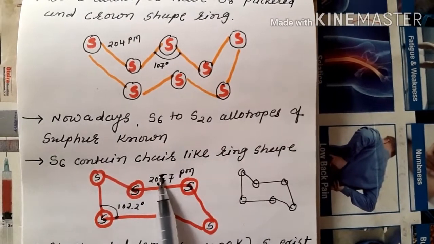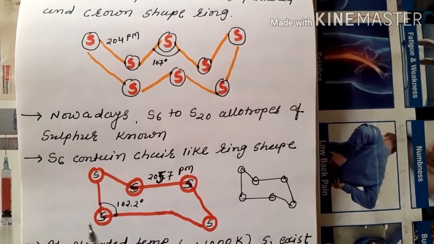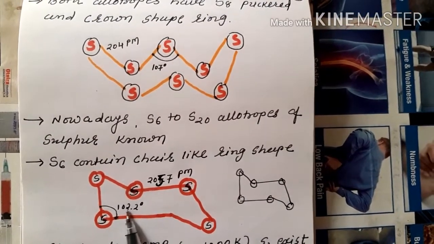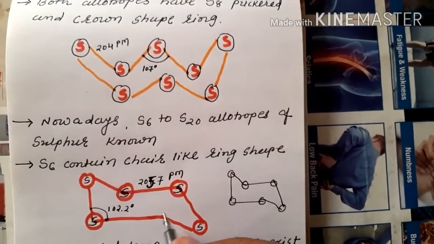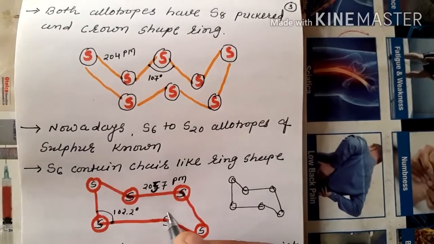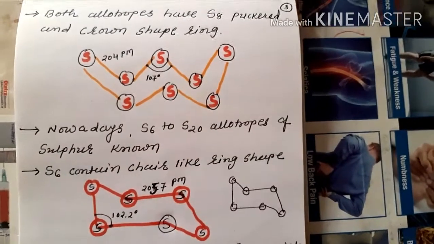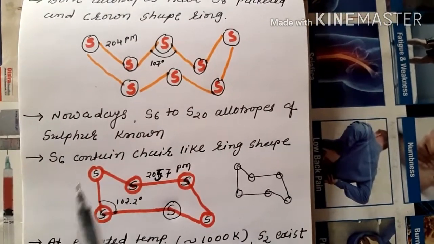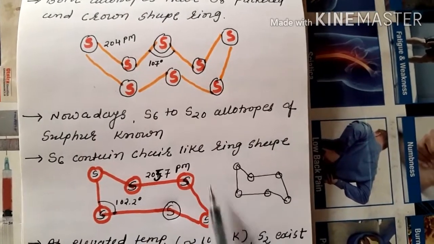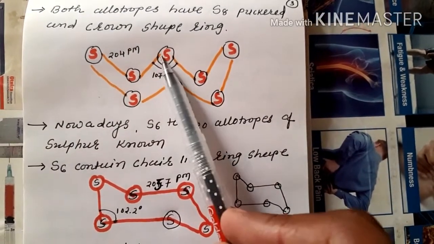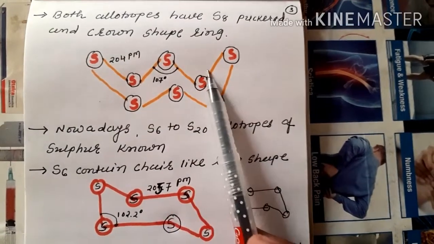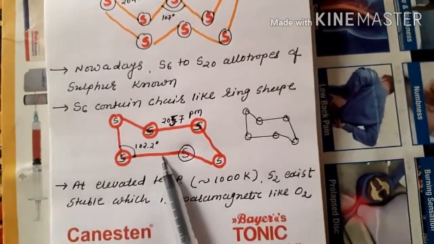S-S bond length is 205.7 picometer. Sulfur S6: 1 2 3 4 5 6 like that. Here 1 2 3 4 5 6 7 and 8. This is S8. This one is S6.